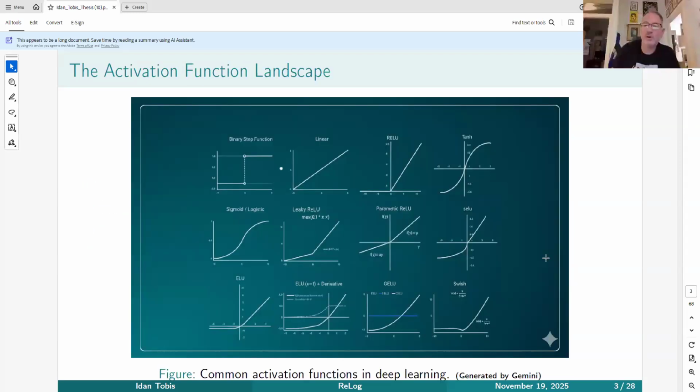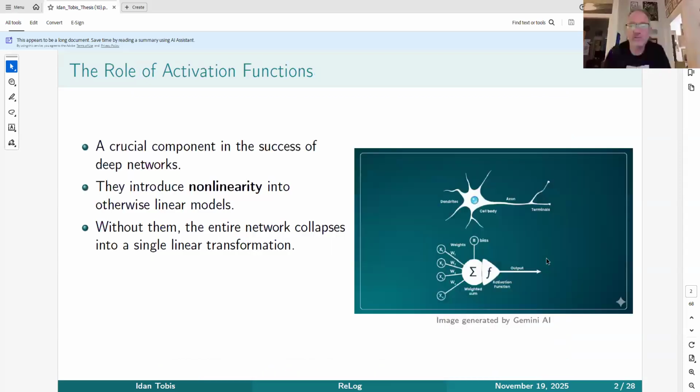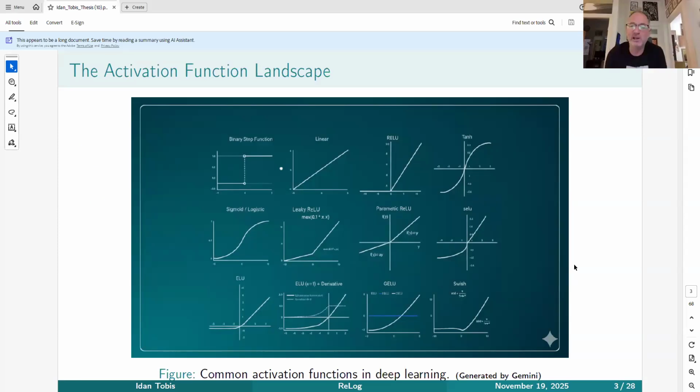Idan, can you go back? Can you give us some motivation for how people invented this activation function? This is actually related to your talk. In particular, sometimes I see the activation functions change in range and change in pattern.